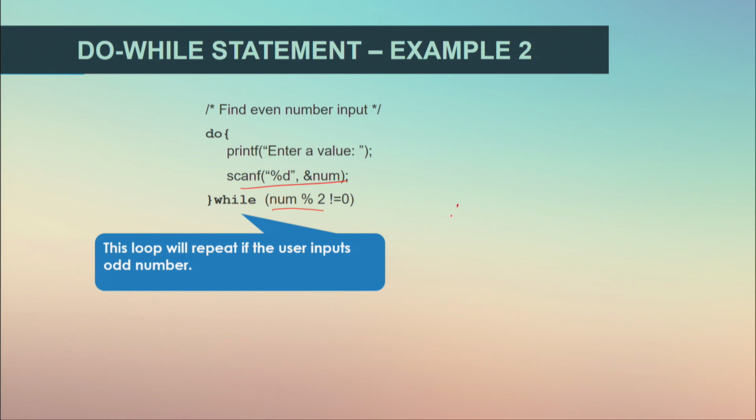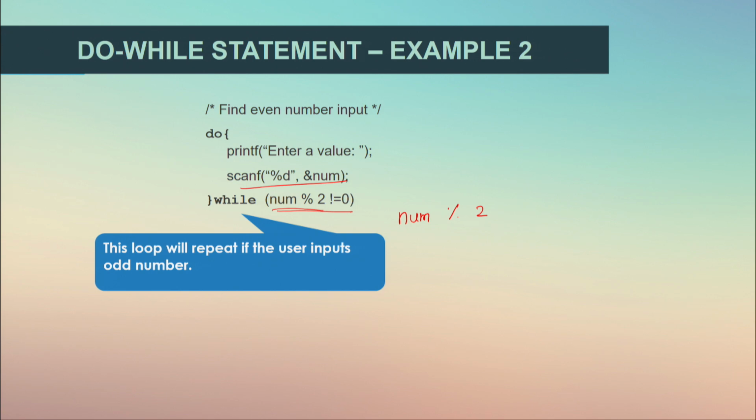Mod is the remainder operator which will be operated with respect to an integer. So, I get the num value on dividing the num value by 2. What is the remainder that we are getting? That is a condition we are checking. Here in this case, we are checking that num mod 2 value is not equal to 0.